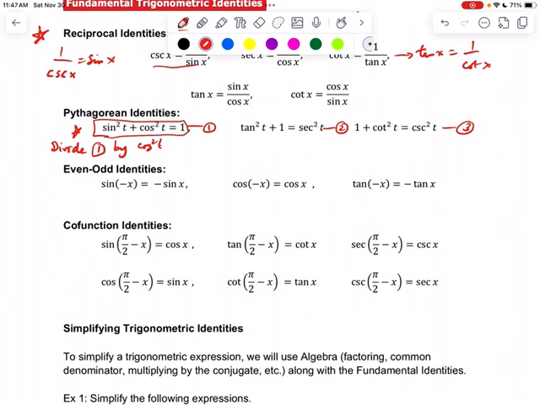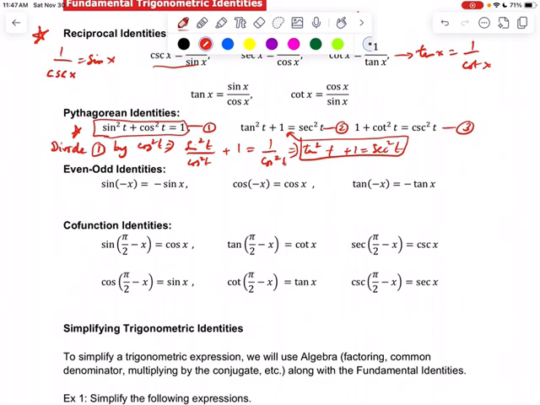This will give me sine square t over cosine square t plus cosine square t over cosine square t, which is 1, is equal to 1 over cosine square t. What is the first term? This means we have tangent square t plus 1 equal to secant square t. So see, we got our second identity.